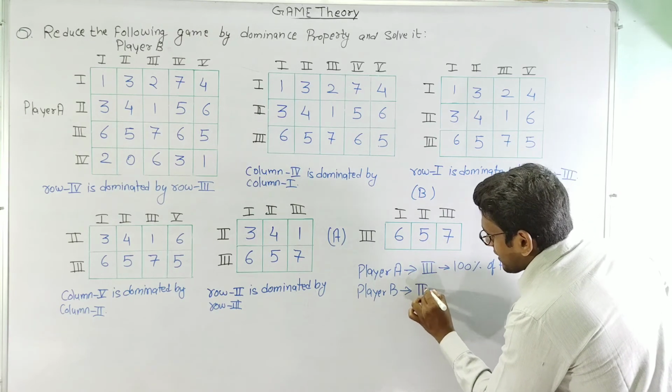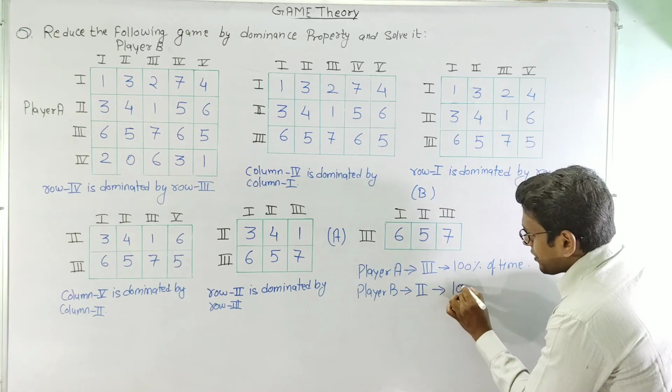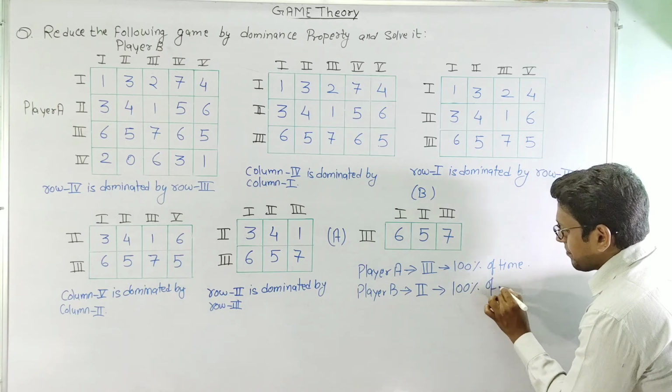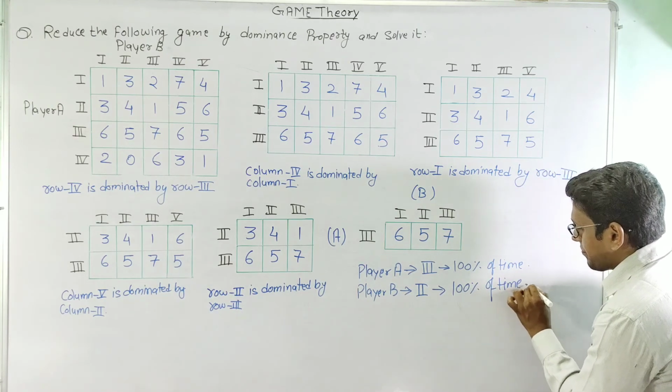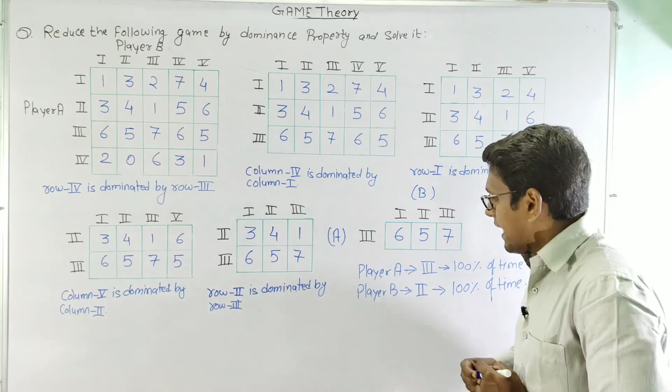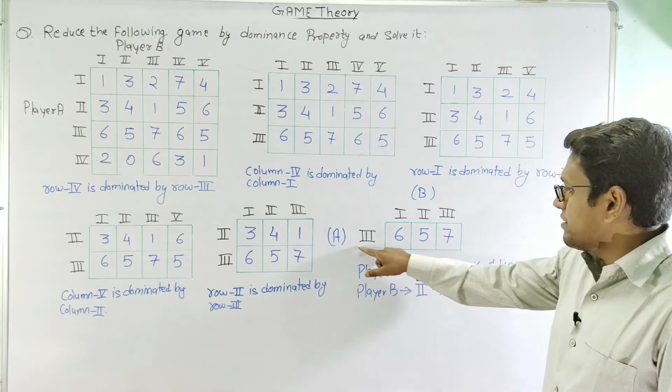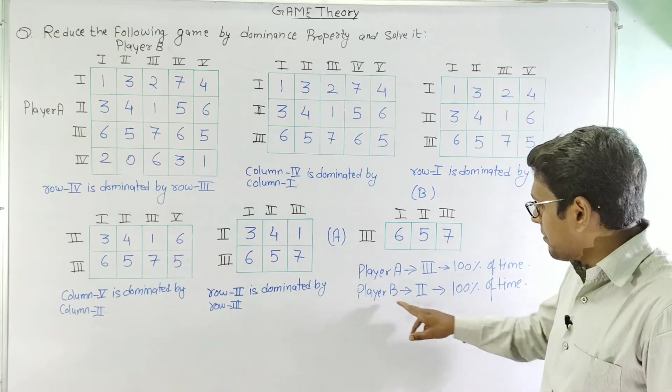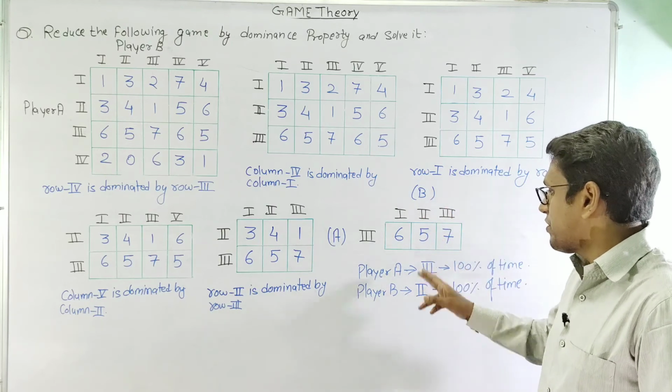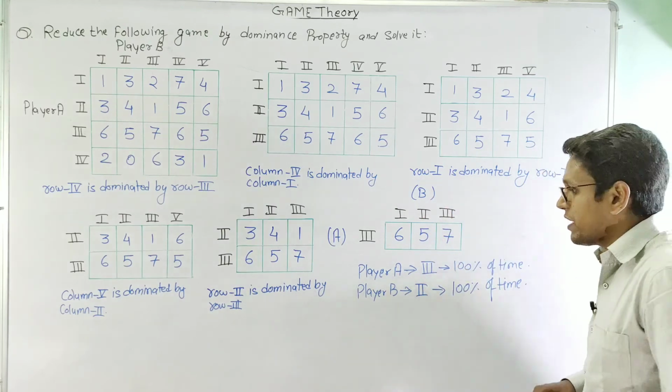So it will play strategy 2 100% of time. So here we can say that player A will play strategy 3 100% of time, player B will play strategy 2 100% of time, and the value of game.